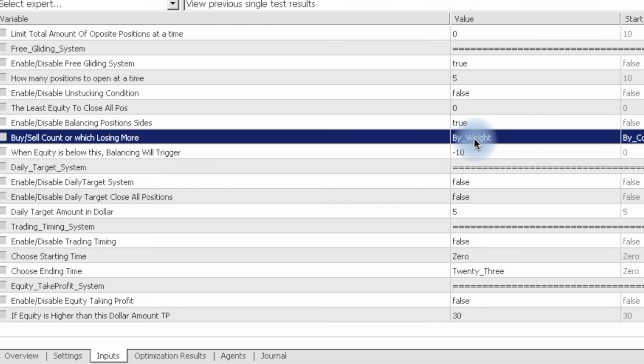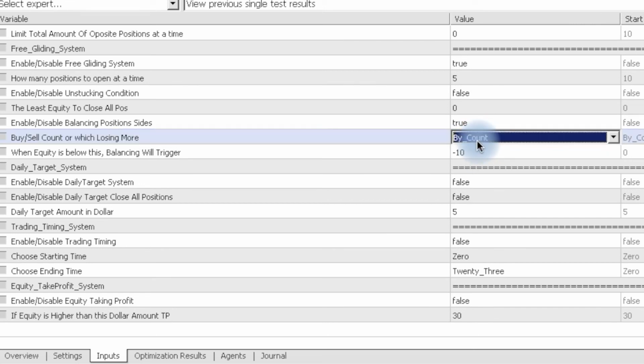Also, I might have 1 buy position, but it's losing a lot, $200, for example, and I have 3 sell positions. So normally, if I count by count, if I had only 1 buy position and 3 sell positions, it would open another buy.